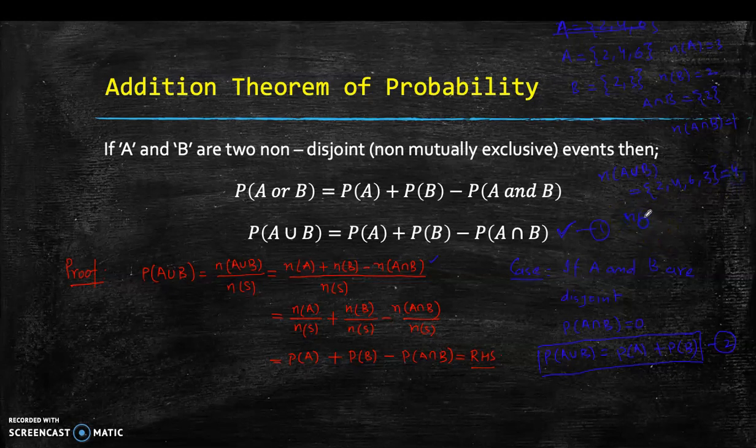So the number of elements in A union B is the number of elements in A plus the number of elements in B minus the number of elements in A intersection B. That simply is 3 plus 2 minus 1. So that becomes 4. So that's how this numerator can be written.